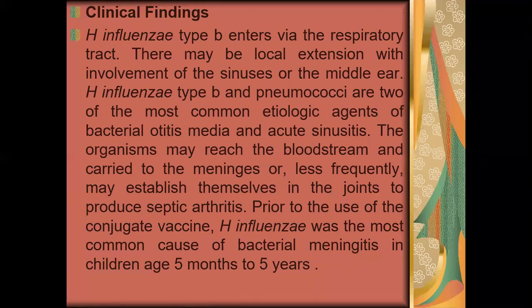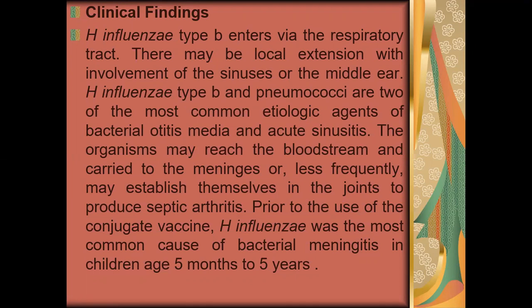Haemophilus influenzae type B and pneumococci are two of the most common etiologic agents of bacterial otitis media and acute sinusitis. Of course, we must not forget that it is the main cause of meningitis. The organism may reach the bloodstream and be carried to the meninges, or less frequently may establish itself in a joint to produce septic arthritis.